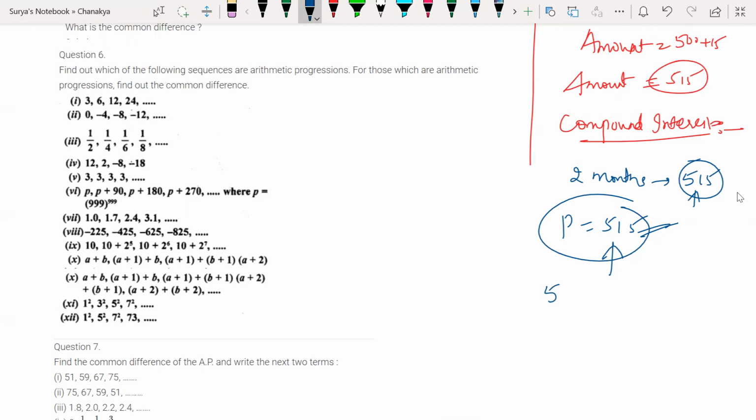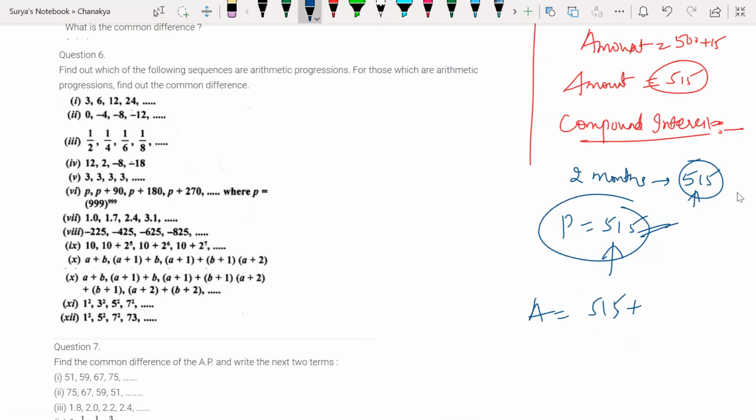Yes, sir. Now you have to pay according to 515 into T into R, where R is 2, divided by 100. Now you have to calculate this, and this is the amount you have to pay. Let us see. Suppose you have to pay a total amount of 515 plus some interest.